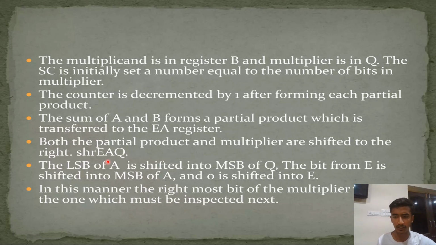The LSB, the least significant bit of A, is shifted into the most significant bit of Q. The bit from E is shifted into the MSB of A, and 0 is shifted into E. In this manner, the rightmost bit of the multiplier, which must be inspected next, is Qn.